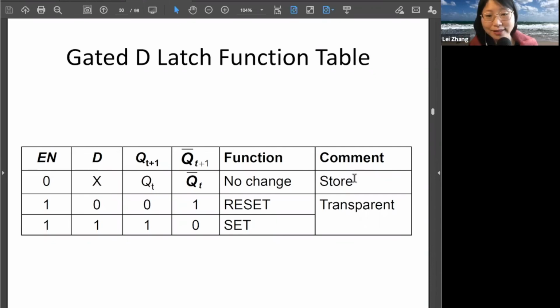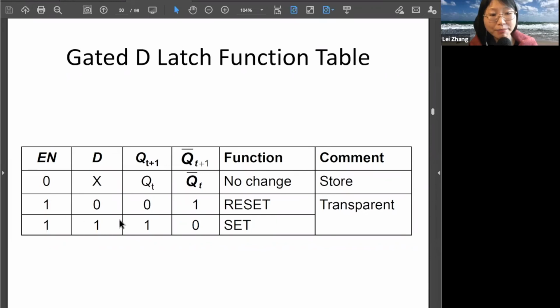The comment here is store, which means it stores the previous values. The function is no change, so it remains whatever value it is, 0 or 1, it doesn't change. So Q sub t plus 1 equals Q sub t. So that is the disabled state.